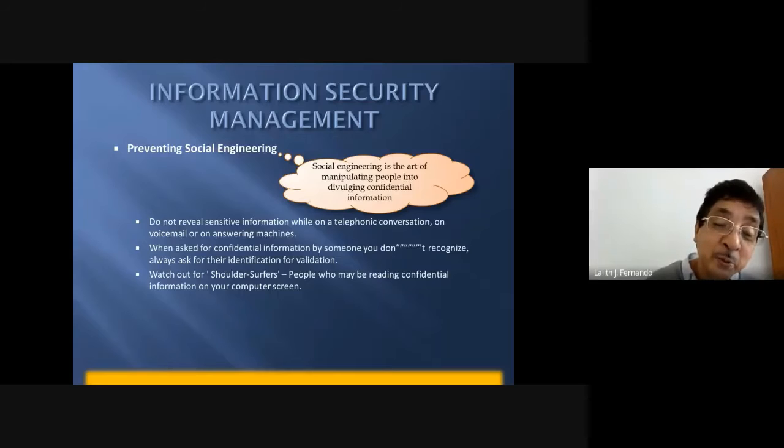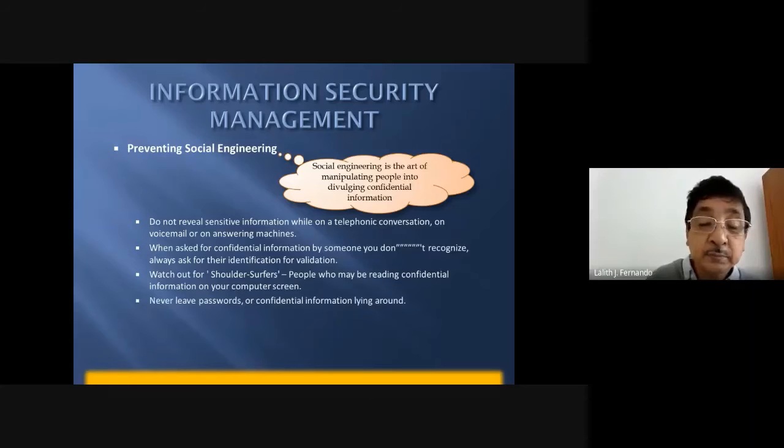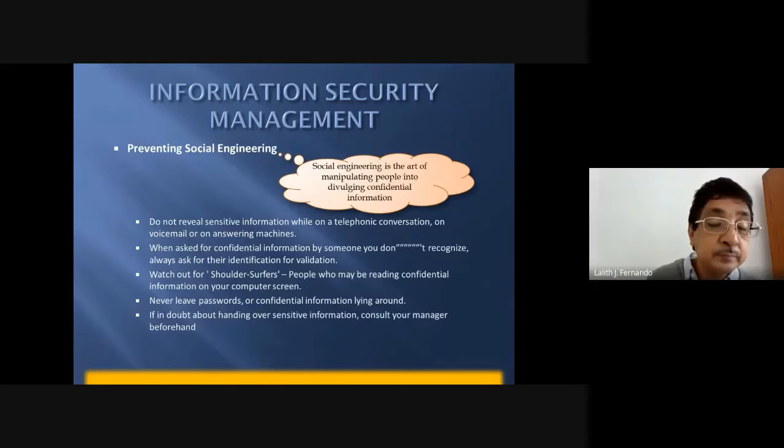Someone can peep into your computer from behind. Never leave passwords or confidential information lying around. All these are really meaningful advices with regard to information security management.